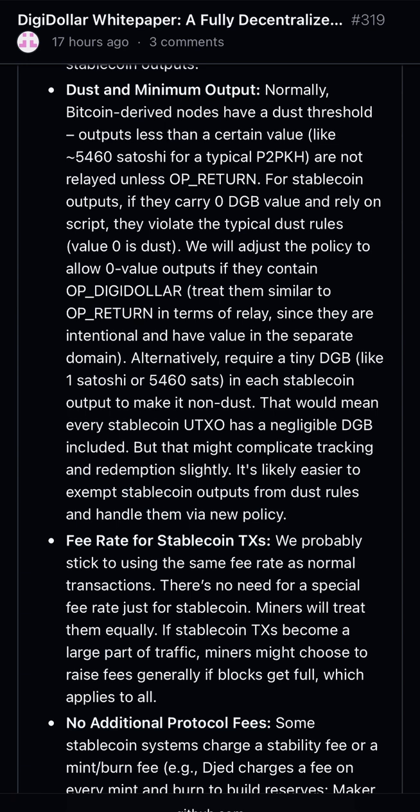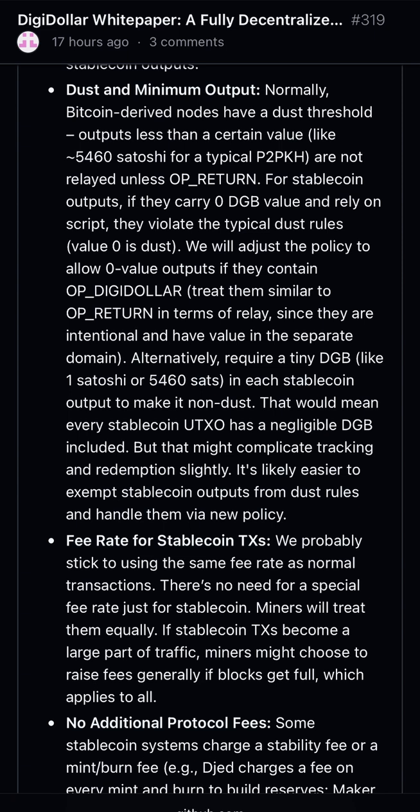Alternatively, require a tiny DGB amount, like 1 satoshi or 5,460 sats, in each stablecoin output to make it non-dust. That would mean every stablecoin UTXO has a negligible DGB included. But that might complicate tracking and redemption slightly. It's likely easier to exempt stablecoin outputs from dust rules and handle them via new policy.